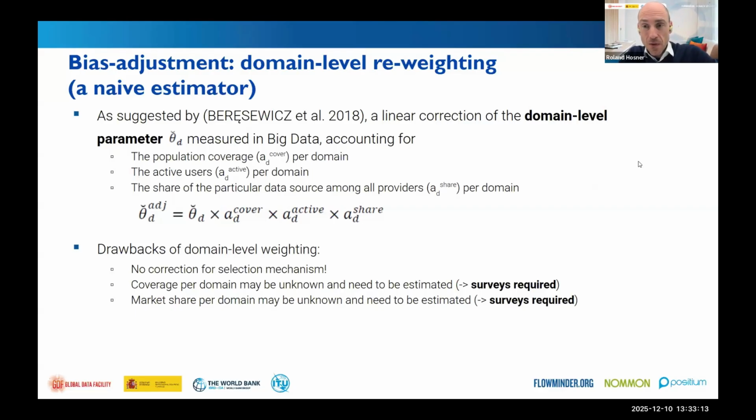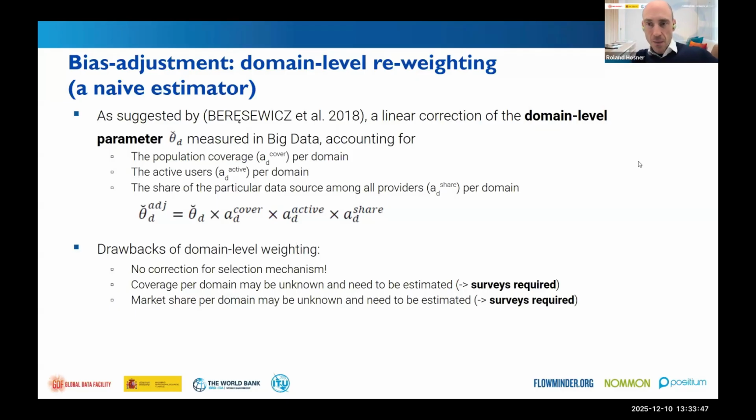Let's say the parameter you're interested in, here denoted by theta hat d, is measured in big data, and would need to be corrected by 3 factors. As just explained before, one factor accounting for the differential population coverage, one factor for the differences in active users, and a third factor for the share of a particular data source.